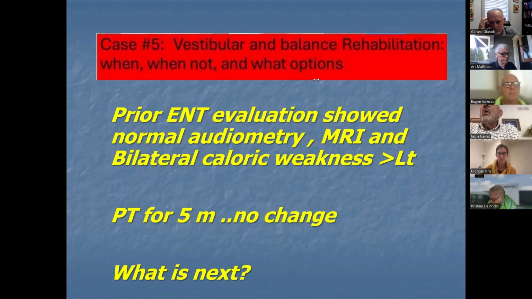Number two, there are a lot of people now who actually do the V-hit and don't do the caloric test. And that to me is a little unusual for two reasons. Agreed. One, caloric is very important because it gives us a better idea about the low frequency on one side. Yeah, exactly.